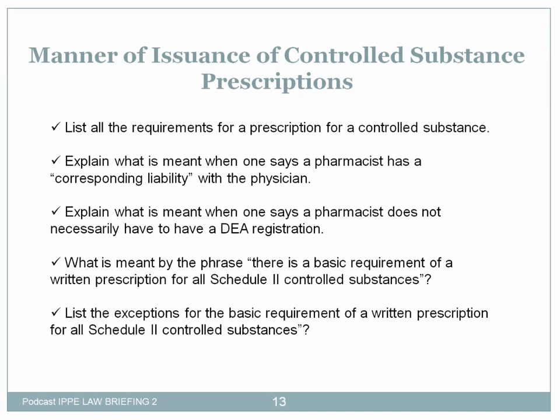So what they are talking about is a pharmacist doesn't necessarily have to have a DEA number, a DEA registration. But if the pharmacist doesn't have one, then the pharmacist has to be working for a pharmacy that is registered with the DEA and has a DEA registration.